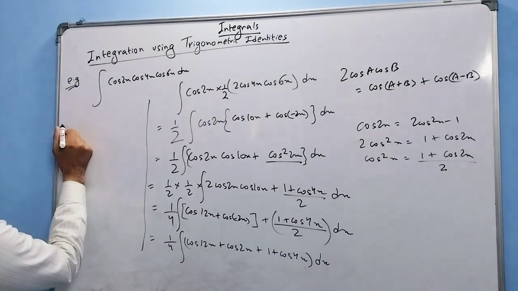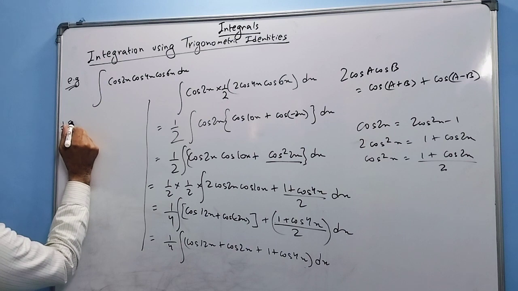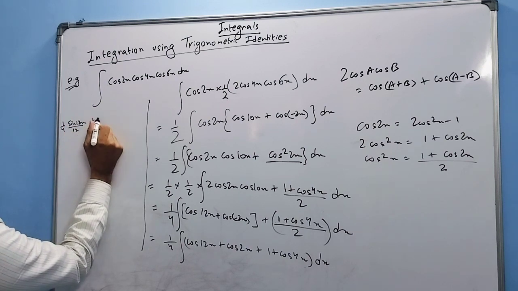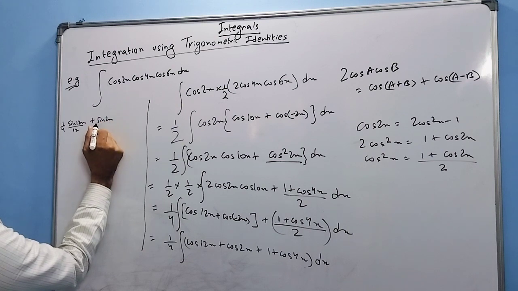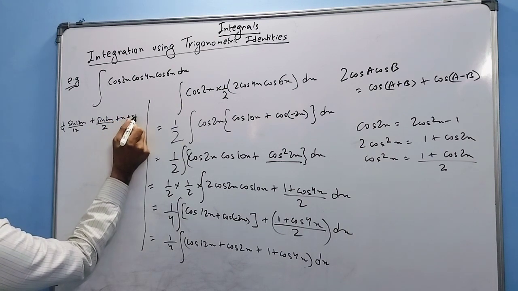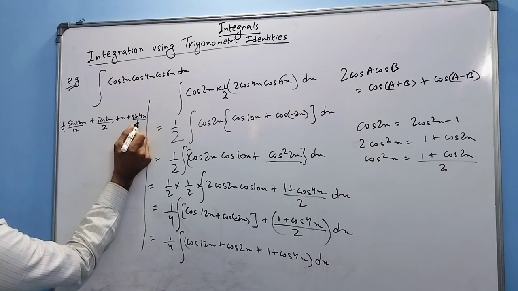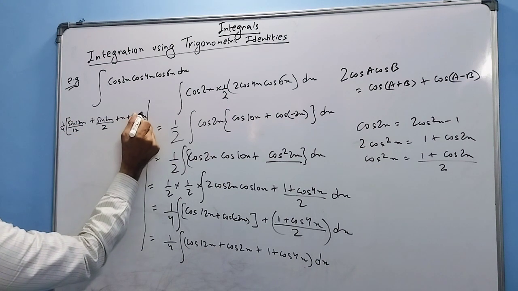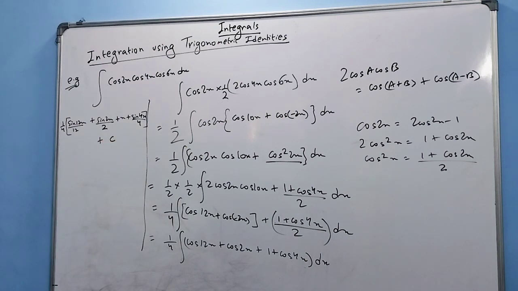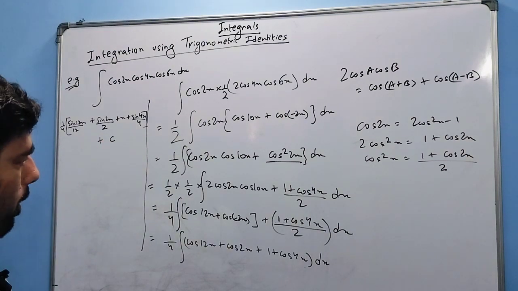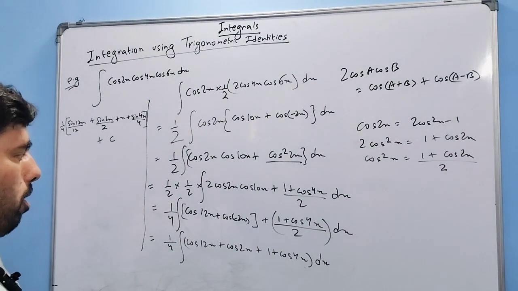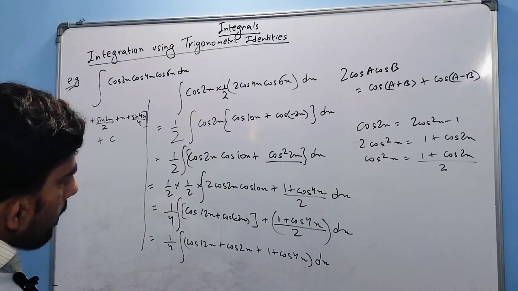Cos 12x will be sin 12x by 12 plus sin 2x by 2 plus x plus sin 4x by 4 plus c. Okay, so that is how we are able to solve the numerical, by integrating this.